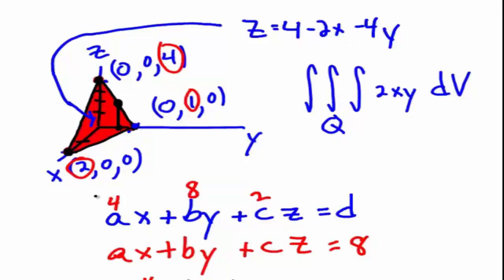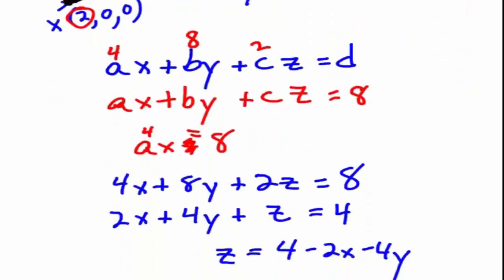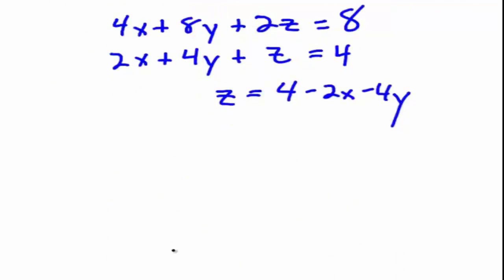To get the other limits of integration, project this top plane, the plane in red, straight down, and you'll land on this triangular region in the xy plane. And if you draw that, you get this region right here.